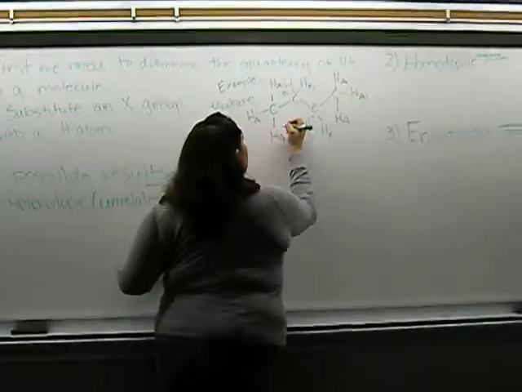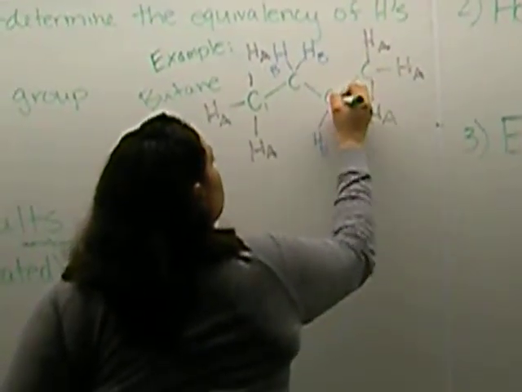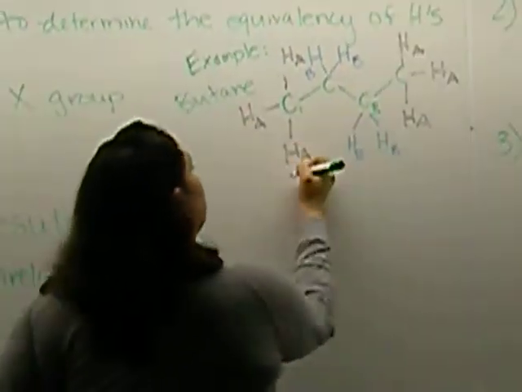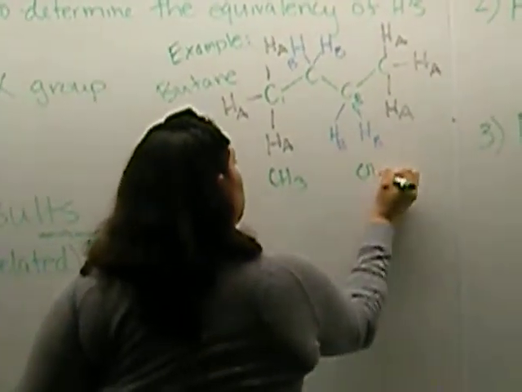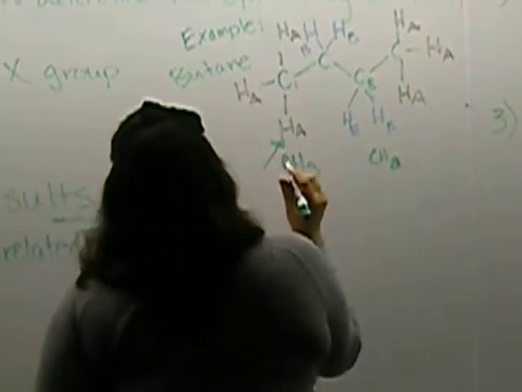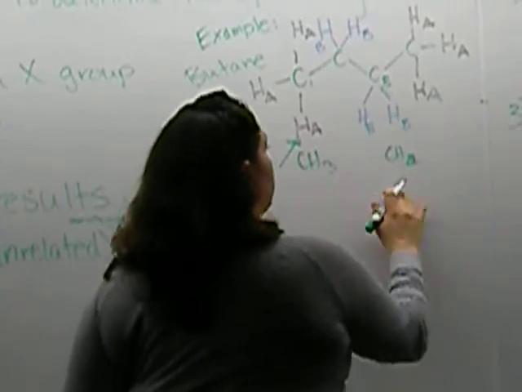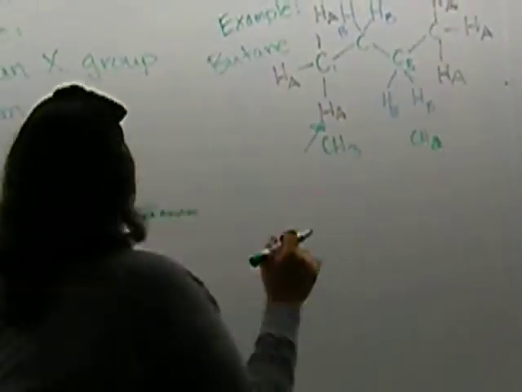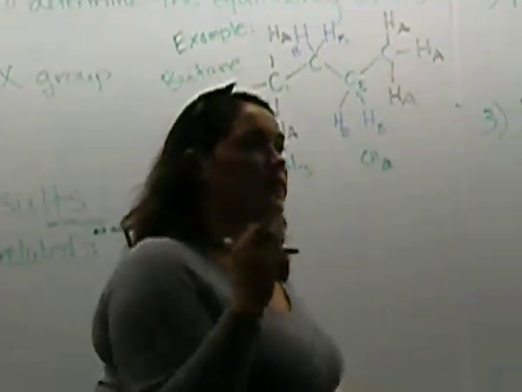So if you take C1, C2, C3, the hydrogen atoms, there's CH3 and CH2. HA, when substituted with X, would yield a different absorption than HB if it was substituted with X. Therefore, they're chemically unrelated and yield different absorptions on the NMR.